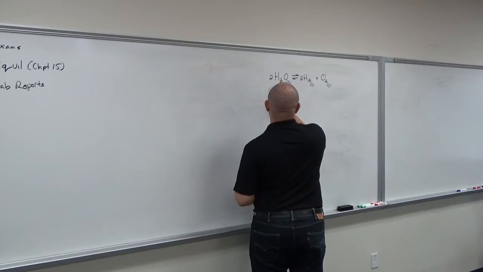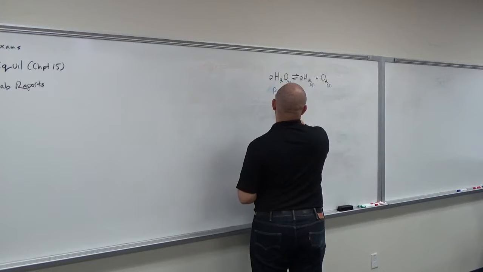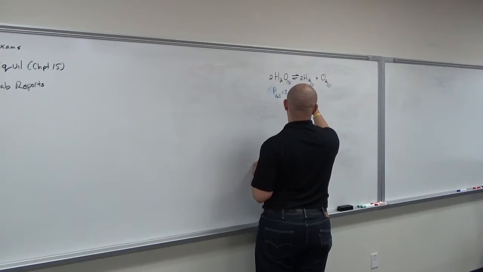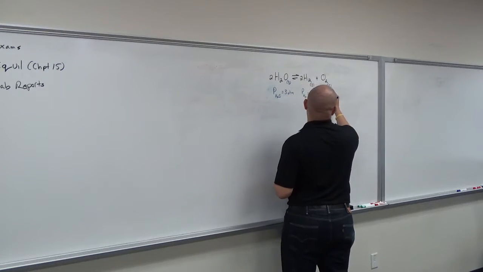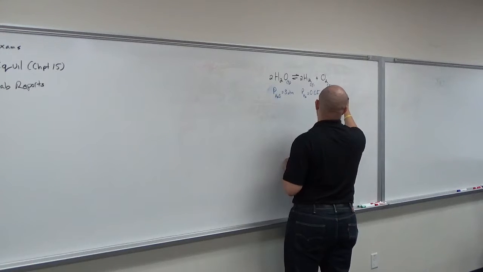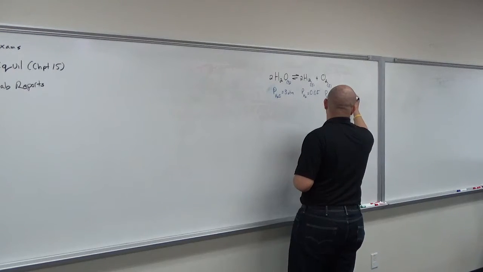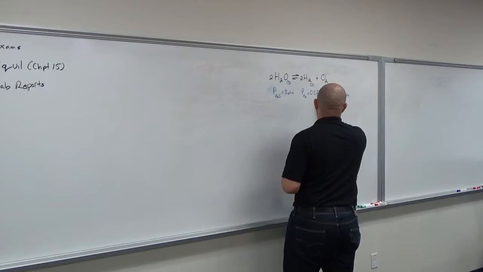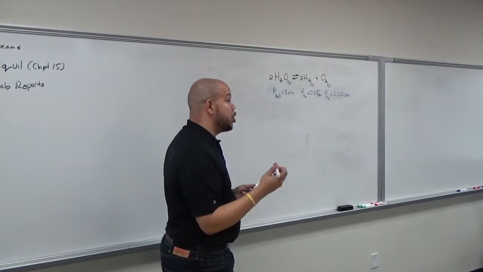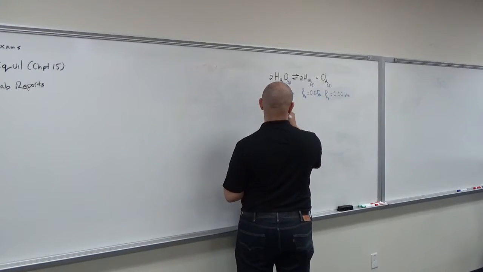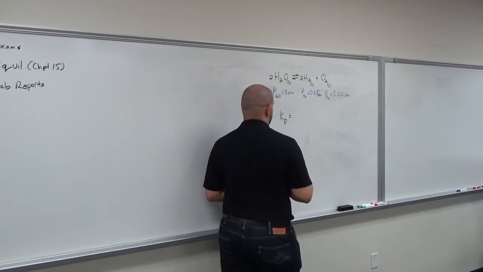Let's say that I gave you the partial pressure of H2O is equal to 3 atmospheres, and I gave you these are equal to 0.05, and partial pressure oxygen equals 0.001. I'm just making some numbers up. Now, if you were to determine Kp, then Kp would be equal to what?